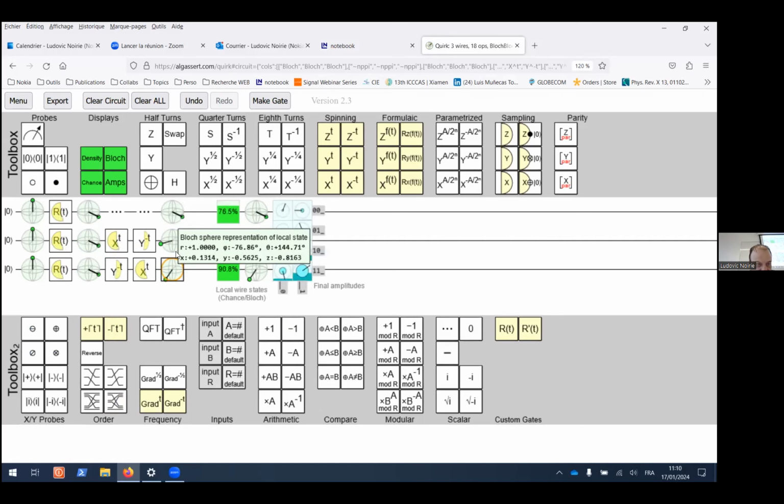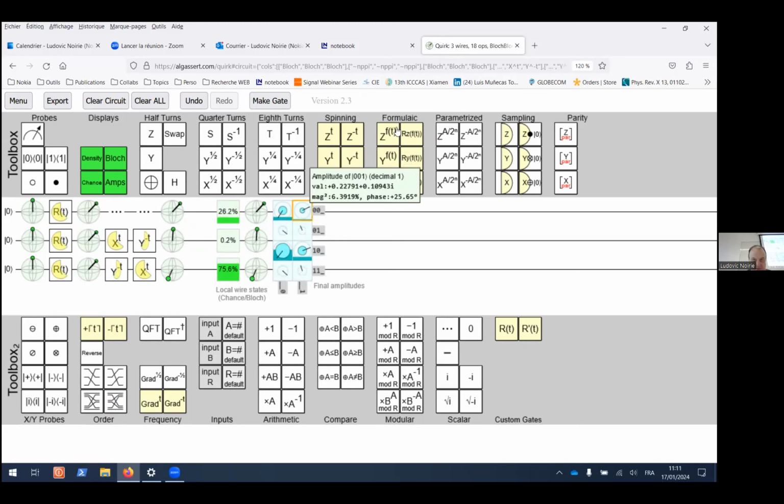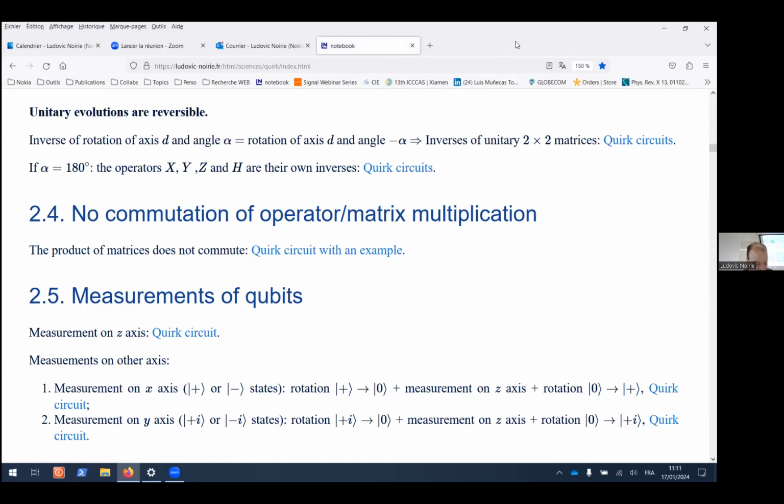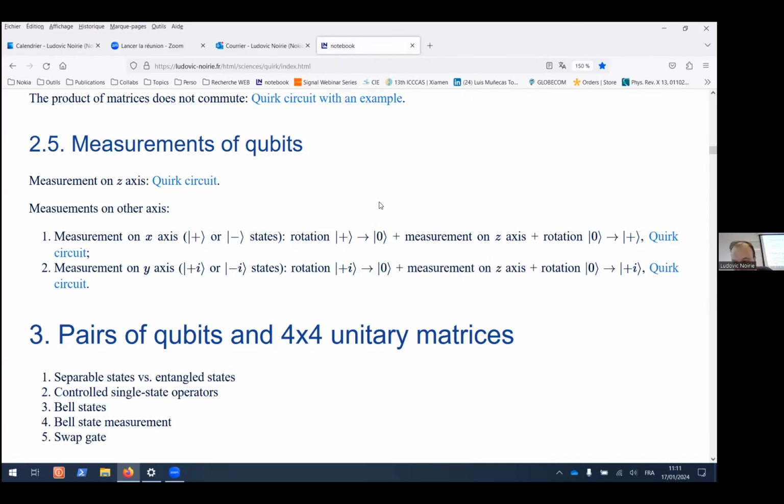So you see that they move in a different way: x, y minus t, and y minus t, x. I need to correct this circuit. So you see that the order does not commute.